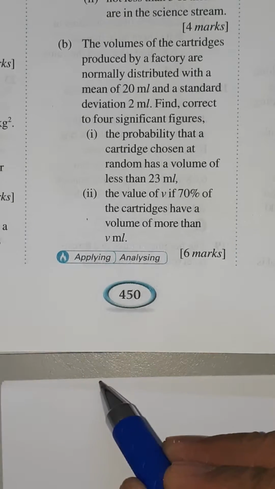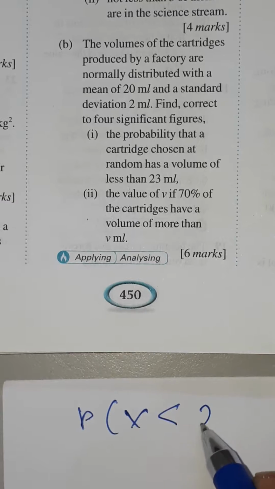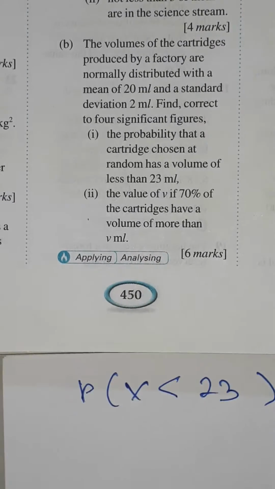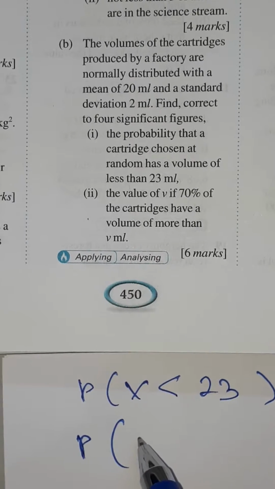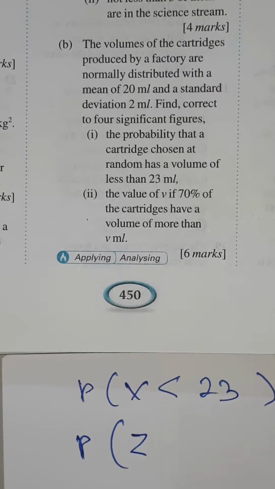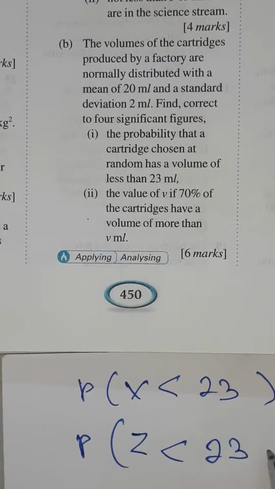So we have to say P(X less than 23), and then we change X to Z. How to change from X to Z? Z will be less than 23, the value of X, minus the mean, over the standard deviation.